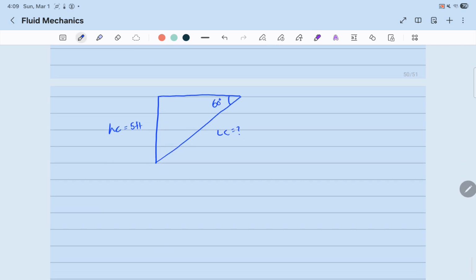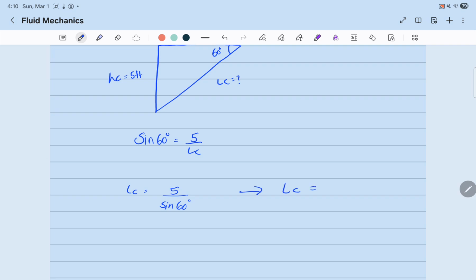Therefore, to find LC, we'll say sine 60 equals opposite over hypotenuse, which is 5 over LC. Therefore, LC equals 5 over sine 60.